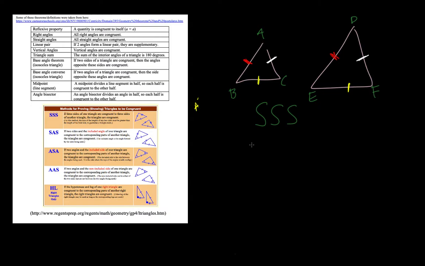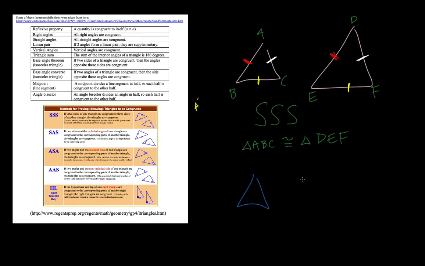So we can make a statement like triangle ABC is congruent to triangle DEF. Okay, so that's the side, side, side theorem, or you can just write SSS.